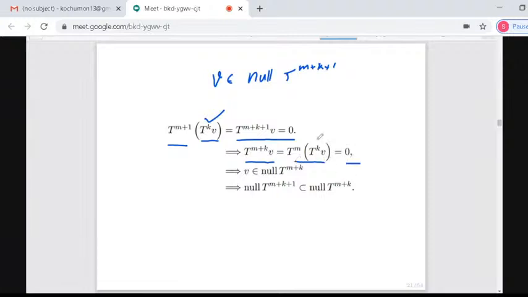This will be 0 because we have assumed that the null space of T to the power m is equal to the null space of T to the power m plus 1 is our hypothesis. Because of that, if T to the power k V is in the null space of m plus 1, it will be in the null space of m also, and you get 0. And thus we have shown that V is in the null space of T to the power m plus k, and thus we have shown what we have to.